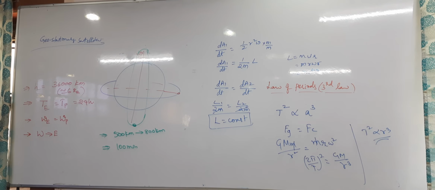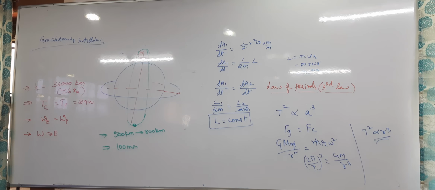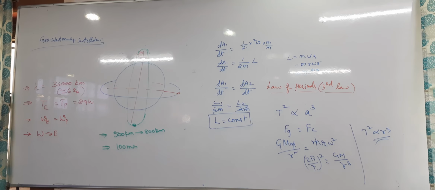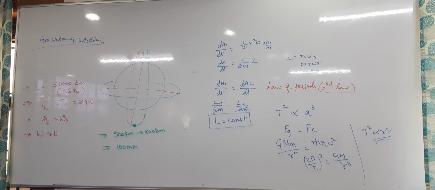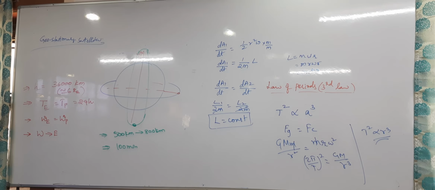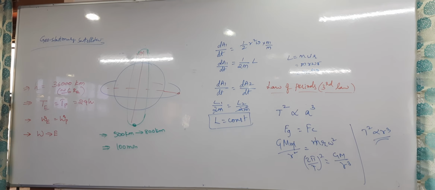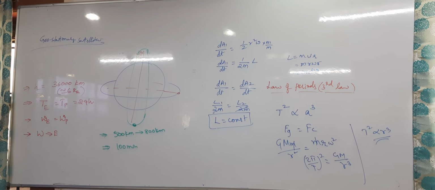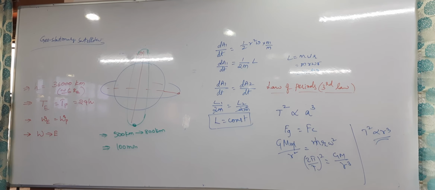The direction of rotation of earth and geostationary satellite is same, west to east.